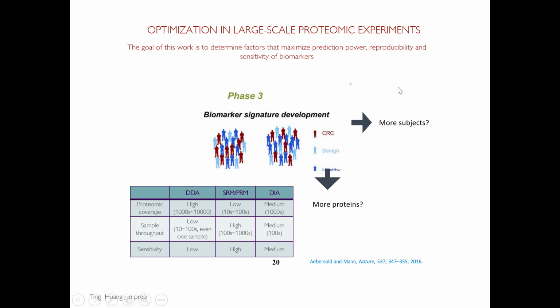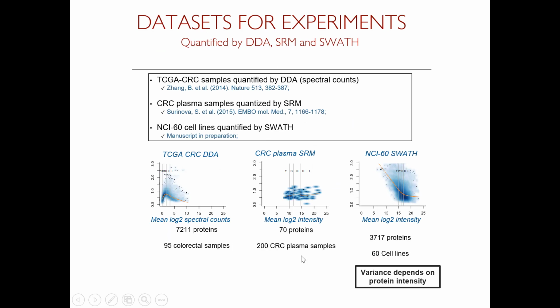This is now the work from Ting, and we put this in the context of a biomarker study, where we have two groups, healthy individuals and disease individuals, and we would like to find proteins that separate these two groups. It's a very common approach, very widely used. And the question is more subjects or more proteins.